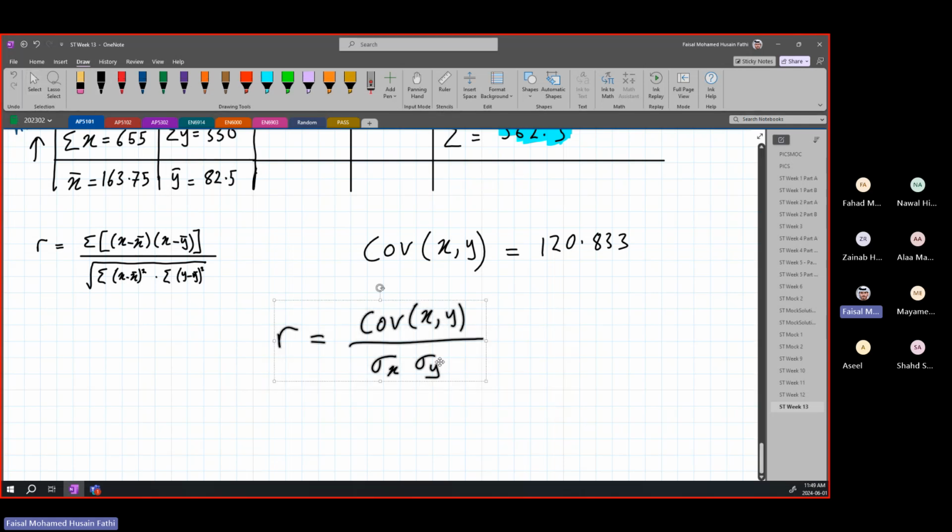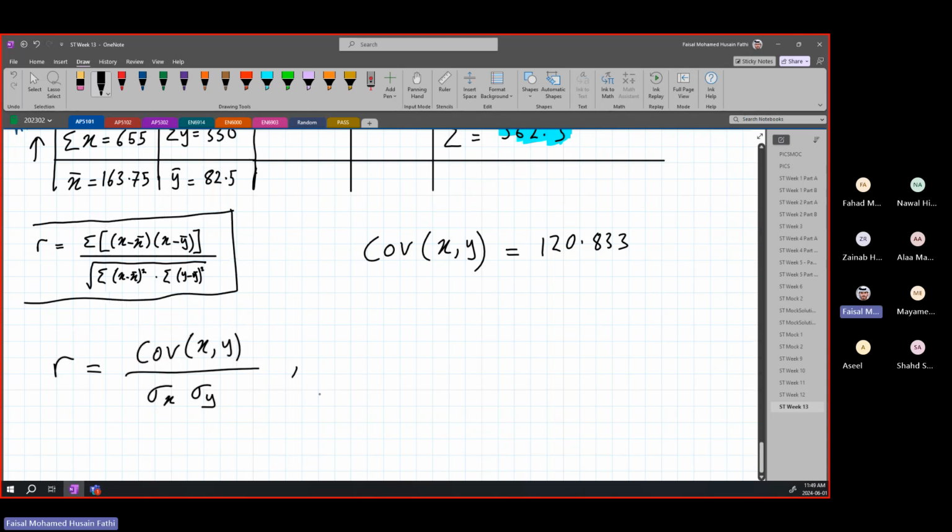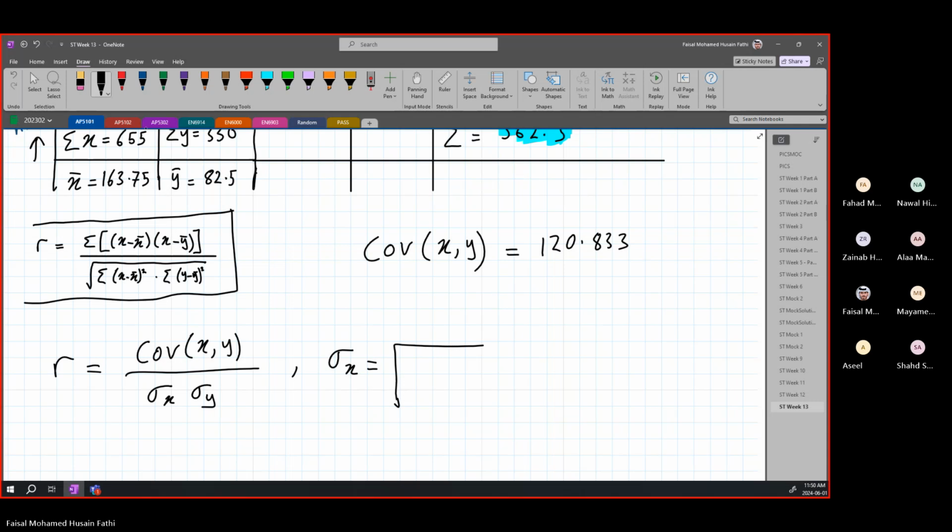And just a reminder, the standard deviation formula is the square root of the summation of x minus x bar, squared, over n minus 1 in the case of a sample, or n in the case of a population.